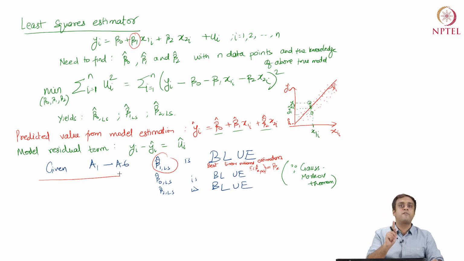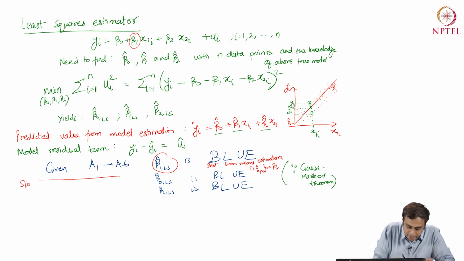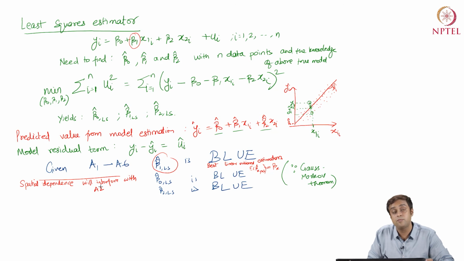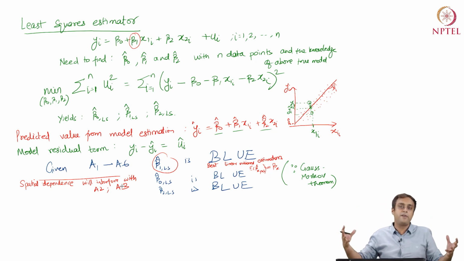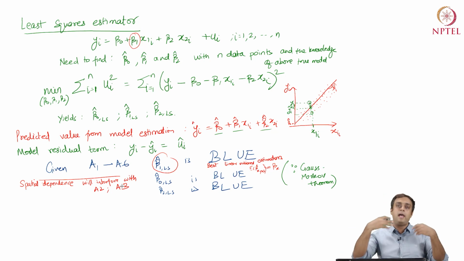And as soon as we depart from these assumptions in any way, that's where we are going to look at spatial dependence. Spatial dependence will interfere with A2, which is the causal inference, perhaps the most crucial assumption, and A3, which is the assumption that the variance covariance matrix is a diagonal matrix, the off diagonal elements are 0, and all the diagonal elements are exactly the same.